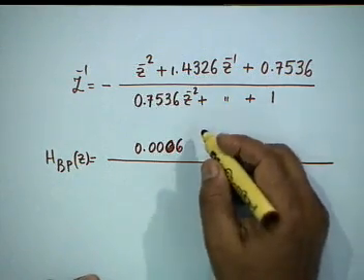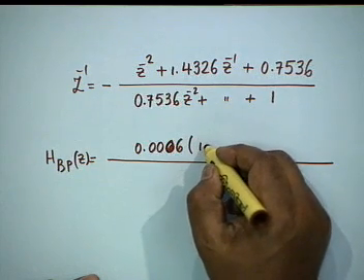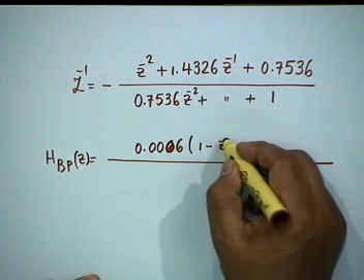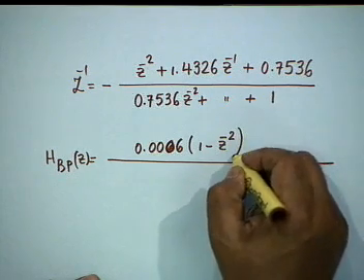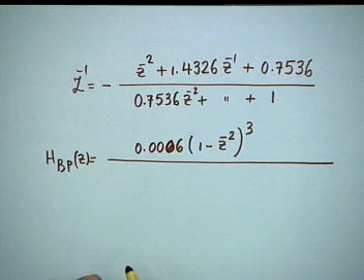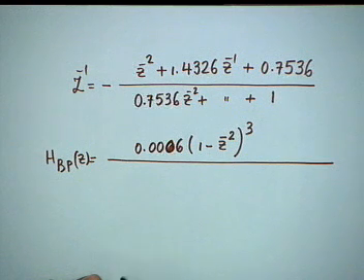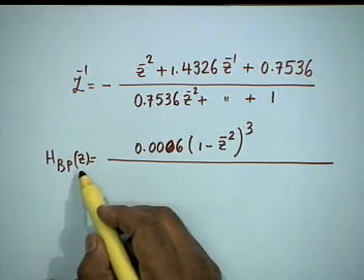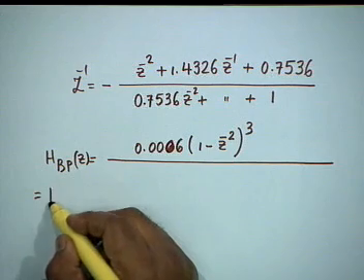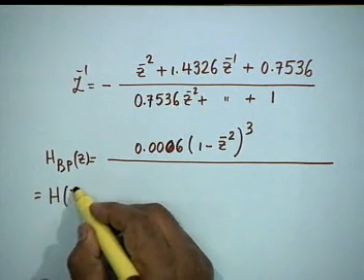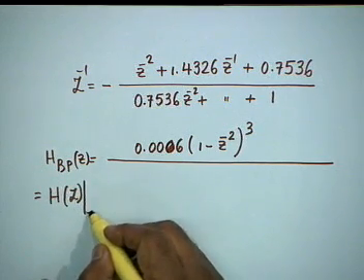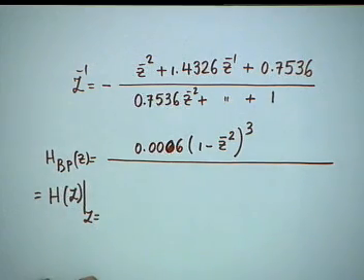Okay? And then as expected, we should have a factor of (1 minus z to the minus 2) whole to the power 3. So on the left hand side we will get a capital Z inverse. No, this is small z. This is equal to capital H of capital Z with z equal to this function.